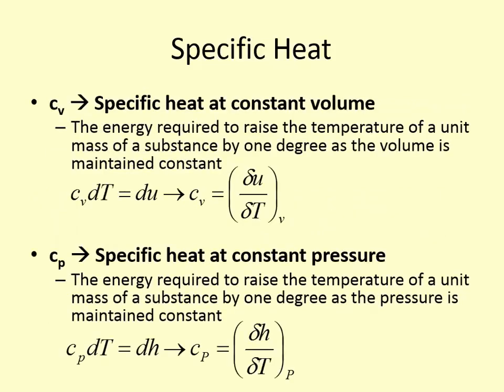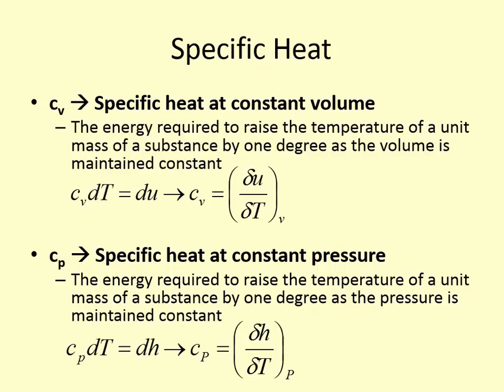The specific heat has two different components. One is the specific heat defined at constant volume, and the second is the specific heat at constant pressure. These are two different processes that allow us to analyze or interpret whether it be internal energy or enthalpy.